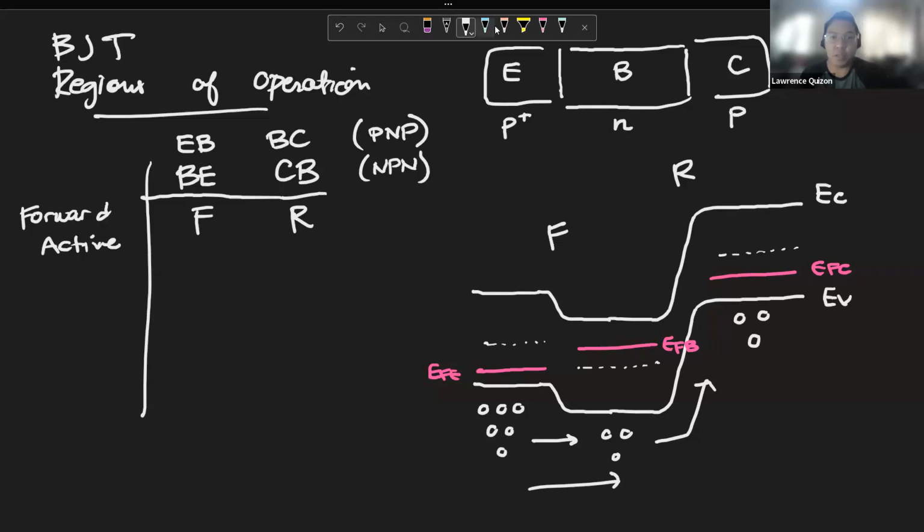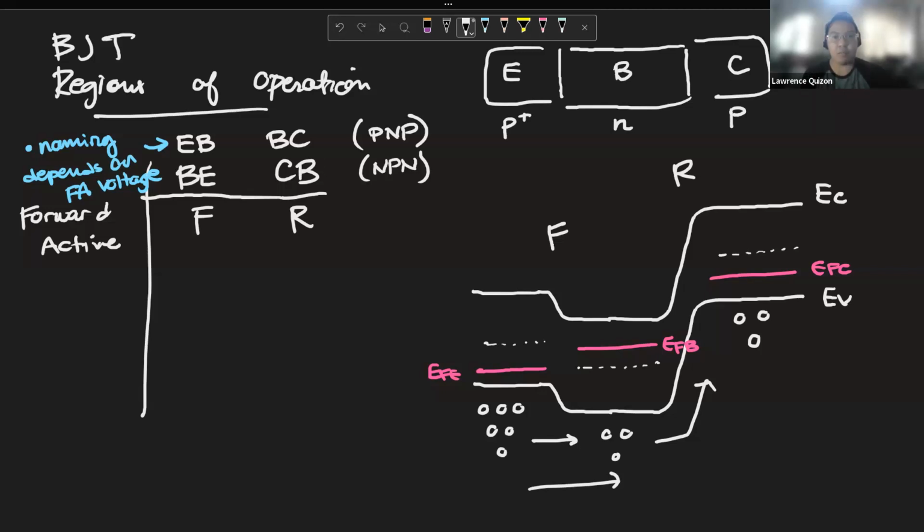So that's forward active, and that's what we discussed before, no? That's what we discussed in person last time.